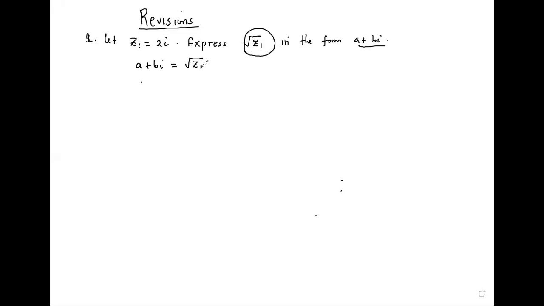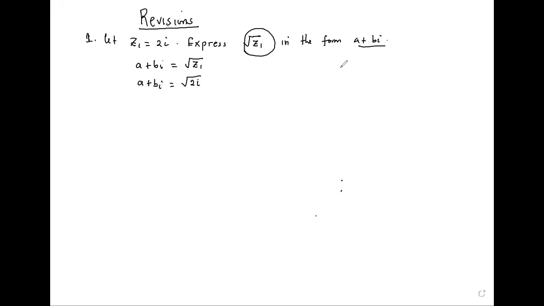Meaning a plus bi is equal to the root of 2i. Now, we need to extract that root from there. We need to express the root of 2i as a plus bi.